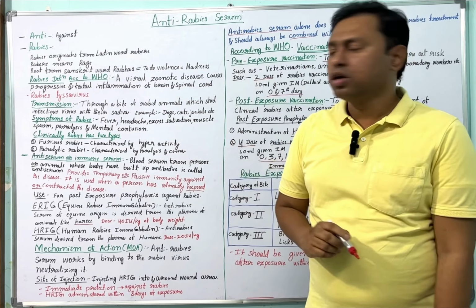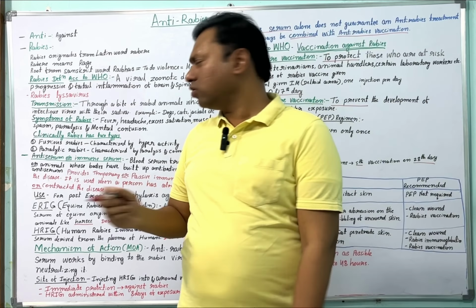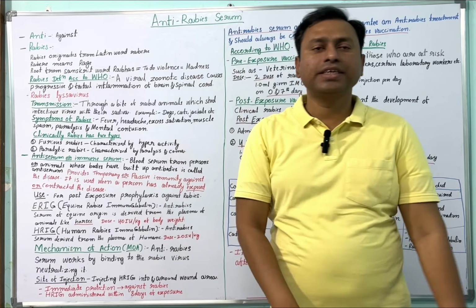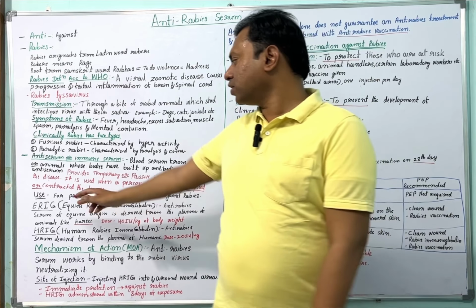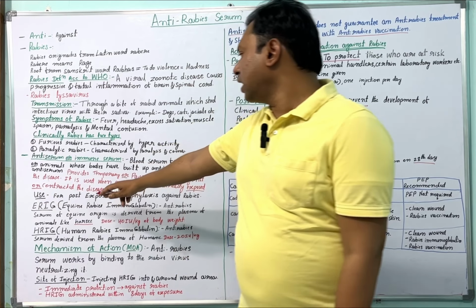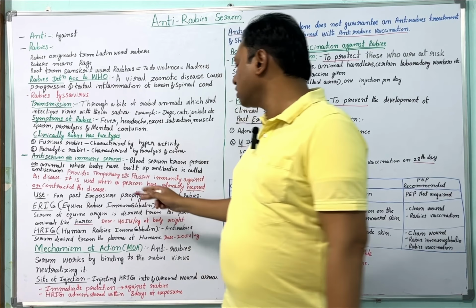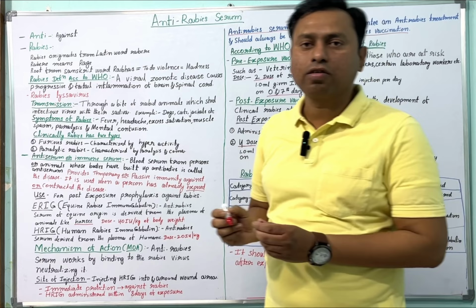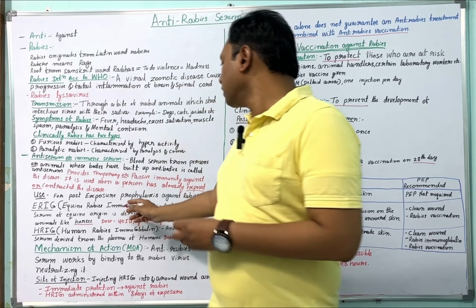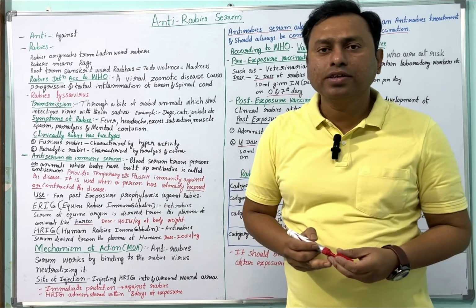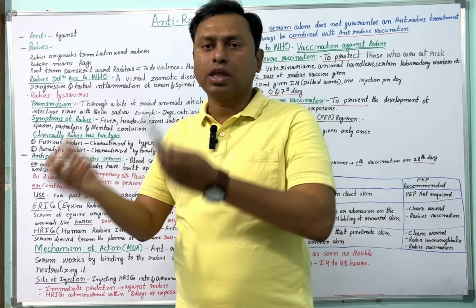This is the use. Now it is mainly categorized into ERIG and HRIG. First, ERIG, that is equine. Equine means horse. Here it is equine rabies immunoglobulin. Okay, as I already told, it is an immunoglobulin, that is, antibodies produced in the horse.